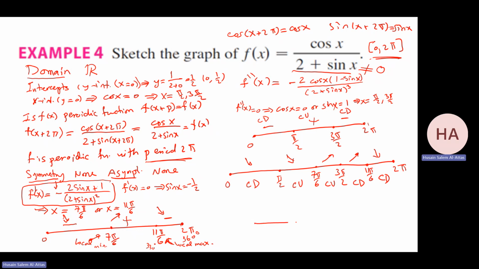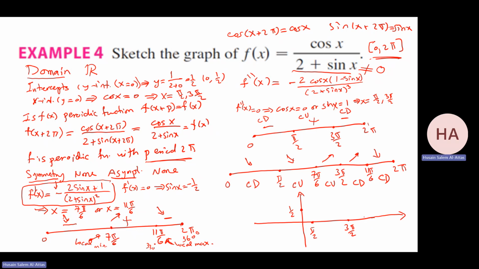Okay, now I want to graph the function. I know at 0 it's half. I know the intercepts at pi over 2 and 3 pi over 2. I'm working only until 2 pi.